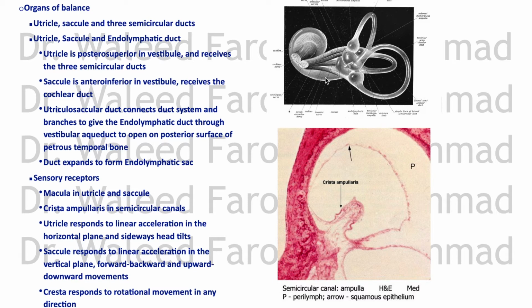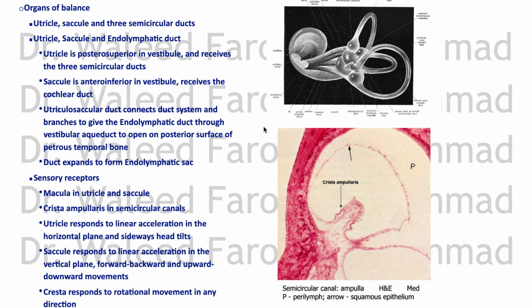And it's said that the saccule responds to both accelerations, in the vertical plane and horizontal plane as well. Okay, but for sure the utricle is for the horizontal and the saccule is for the vertical. Okay, the crista ampularis, which is the receptor for the semicircular ducts, responds to rotation and movement in any direction.